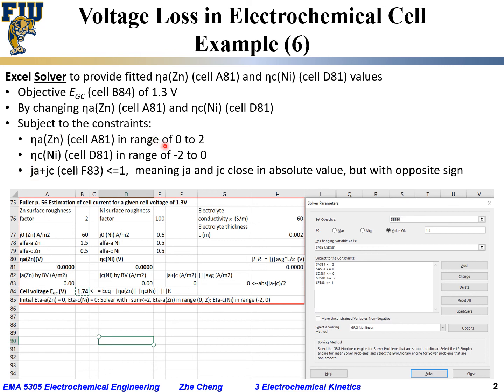The anode overpotential from 0 to 2, the cathode overpotential from -2 to 0, because cathodic it should be negative, and then the current absolute value difference. If one is positive, one is negative, you add them up. That's actually the difference in absolute value. It should not be very large. And let's say make it 1.